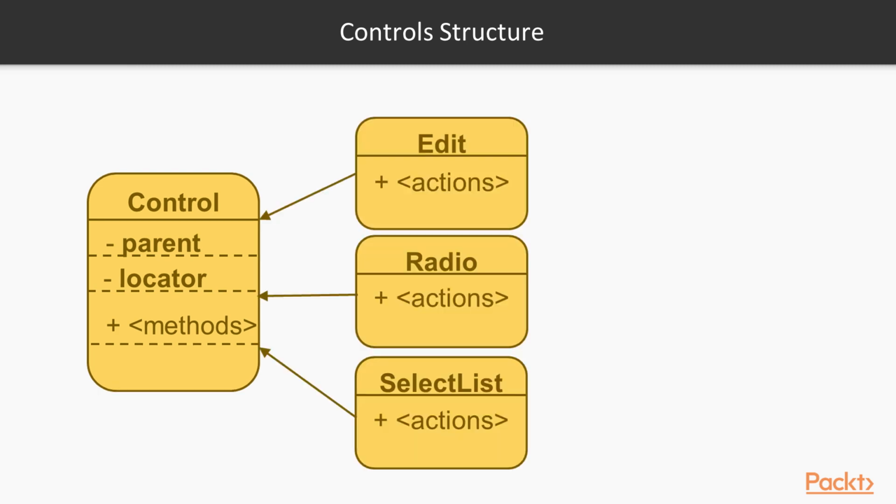For more specific controls, we can use inherited classes, reflecting element type specifics. Thus, for instance, for text fields, we can reserve an edit class, which contains set text functionality. For drop-down lists, we may need a separate wrapper which gives an ability to select specific list items.